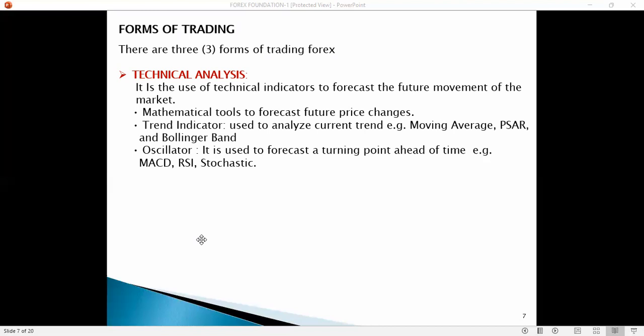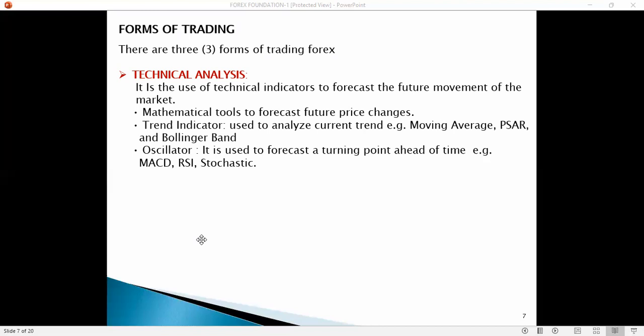And there are several indicators that can help you to do all of these things. The indicators tell you when to buy and when to sell. Okay, so technical analysis is the use of mathematical tools to forecast future price movements.